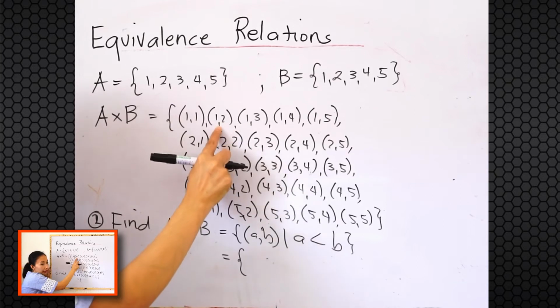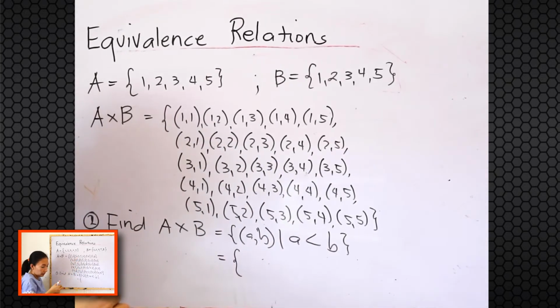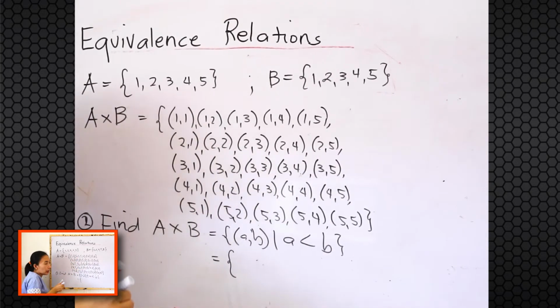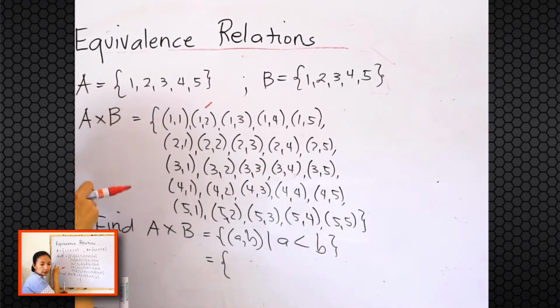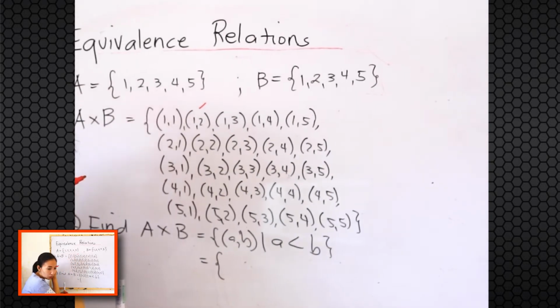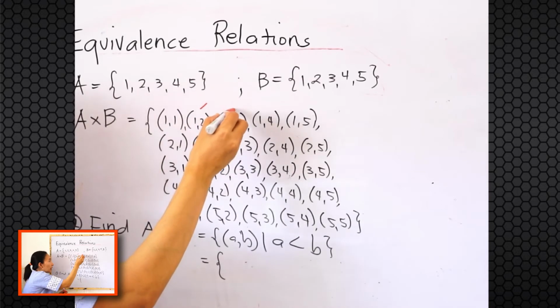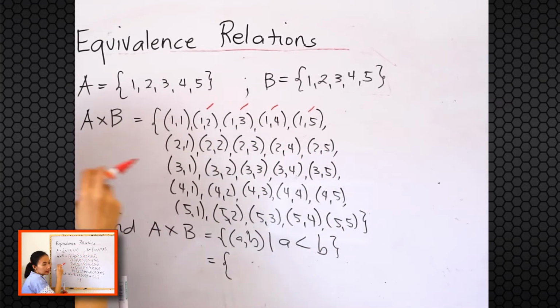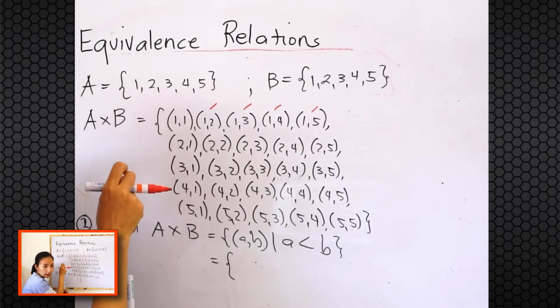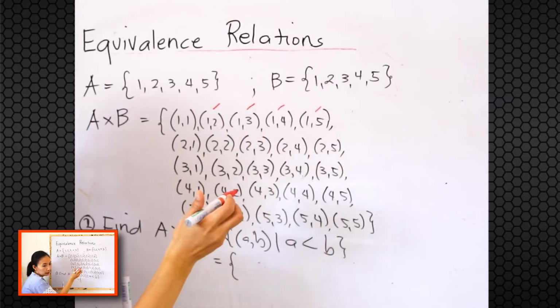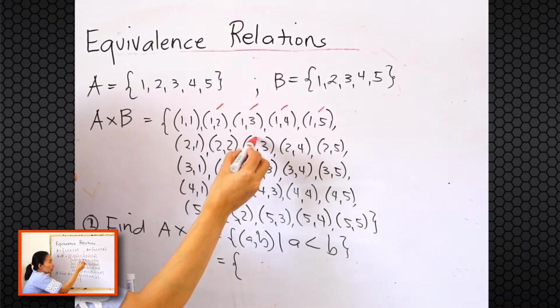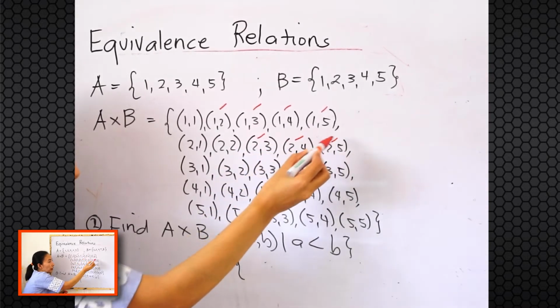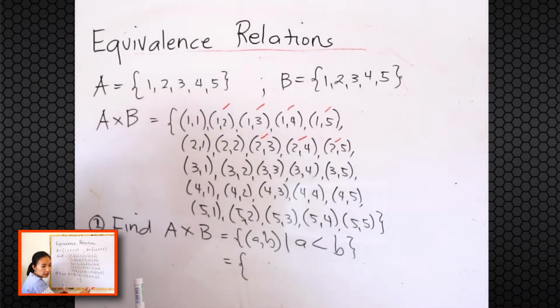Is (1,2) included? Yes, it will include (1,2) because 1 is less than 2, correct? Then (1,3), (1,4), (1,5). Next, (2,1). Is (2,1) included? No. So (2,3), (2,4), (2,5). Then from here, what's next?